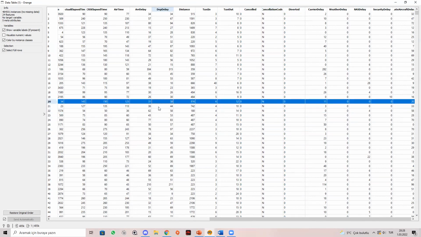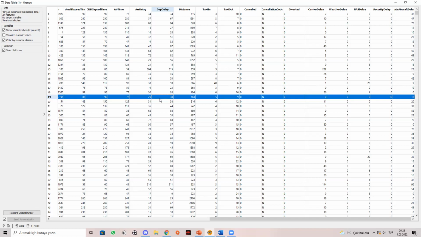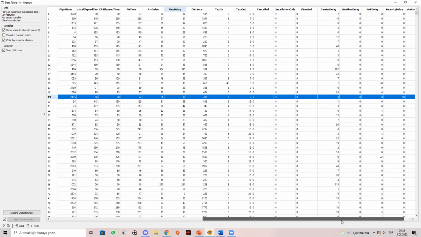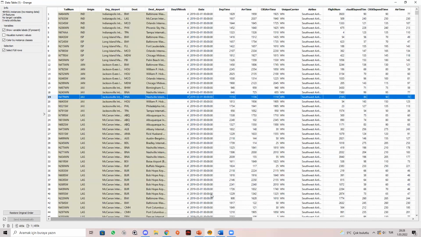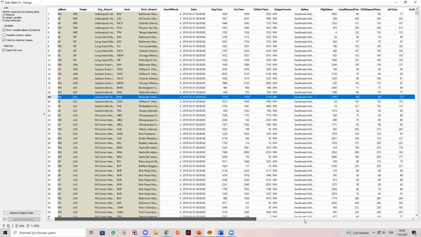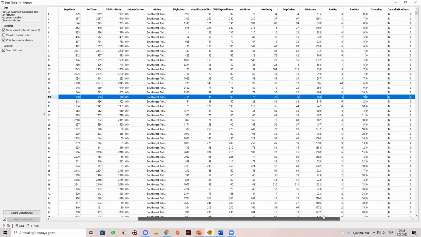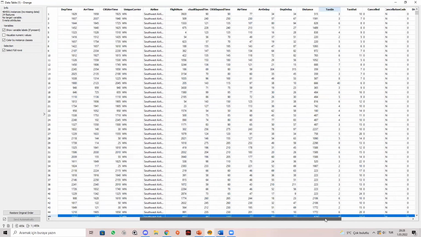Yes, sir, but in the next step, what are we going to do? So basically, you need to find a data set that you can use in your project. Yes, but I believe this is not the data set. So you found this data set on the Kaggle website, right? Yes, sir.